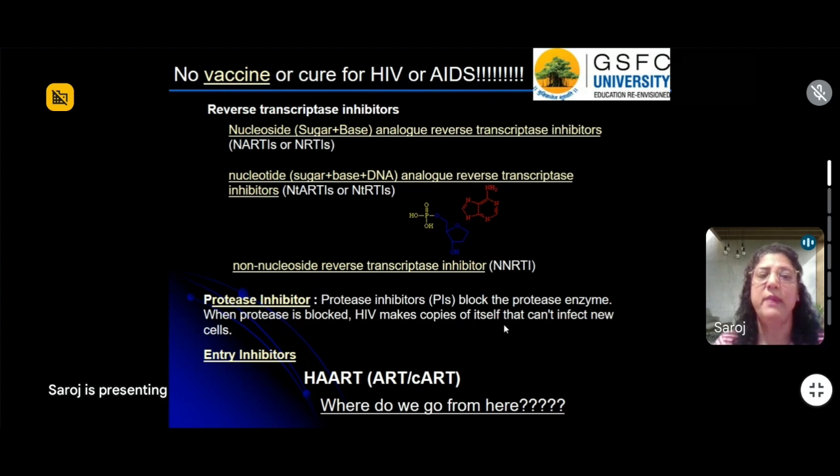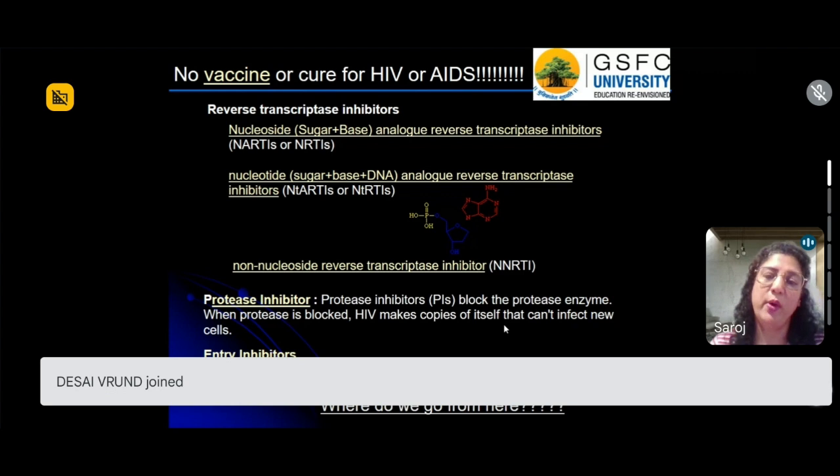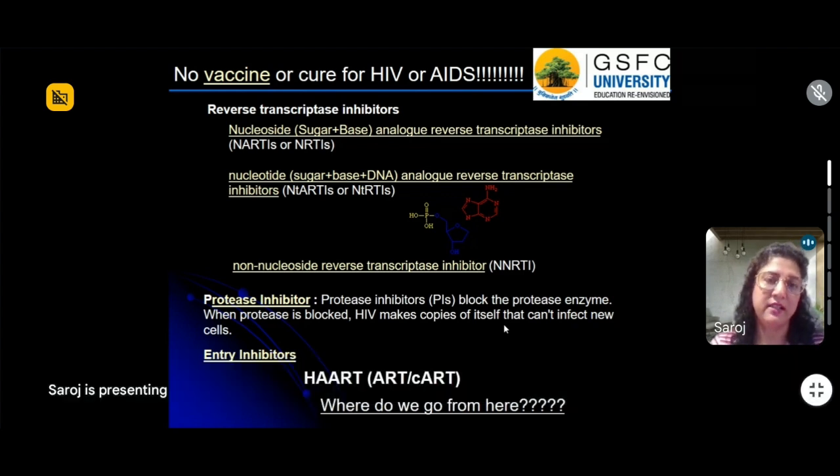So if you make these nucleotides such that you remove their 3' OH group, you can connect it to the Sanger sequencing of DNA, where if you do not have the 3' OH, that chain of DNA is going to terminate at that point itself. So you have nucleoside reverse transcriptase inhibitors, non-nucleoside reverse transcriptase inhibitors, and nucleotide reverse transcriptase inhibitors.